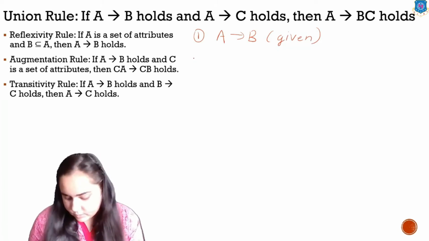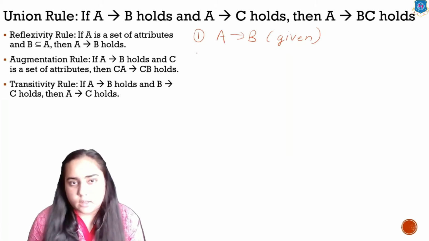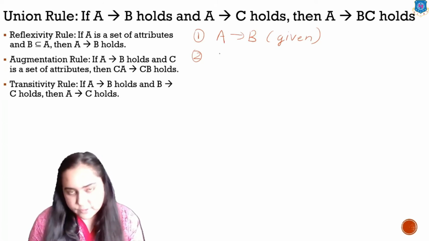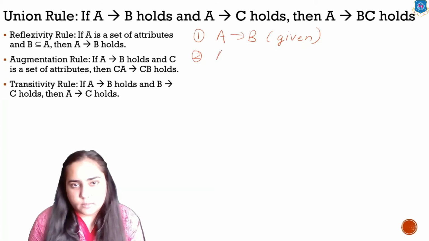conjured it up here. Then the next thing I'm going to do is something very simple because I need to prove that A determines BC. So I need to get something on the left side and right side, and I'm going to augment A here. So it gives me A determines AB.